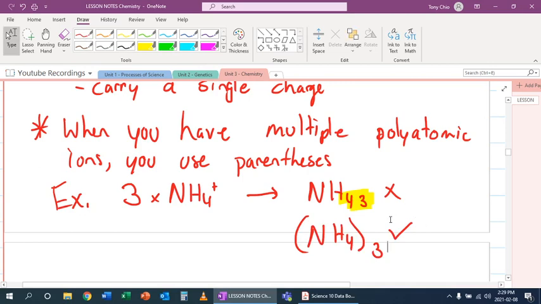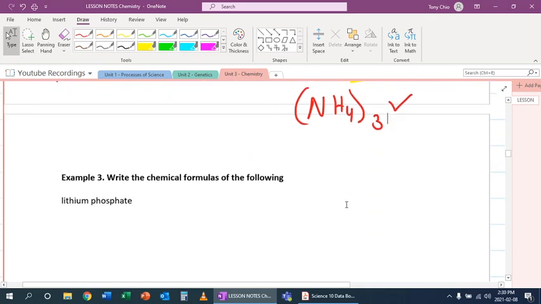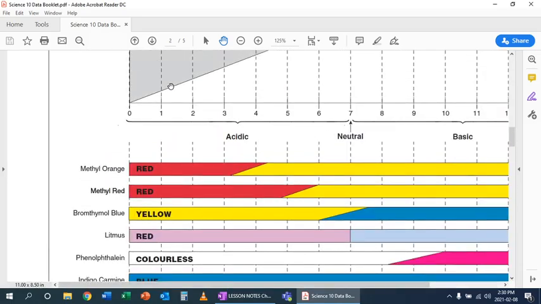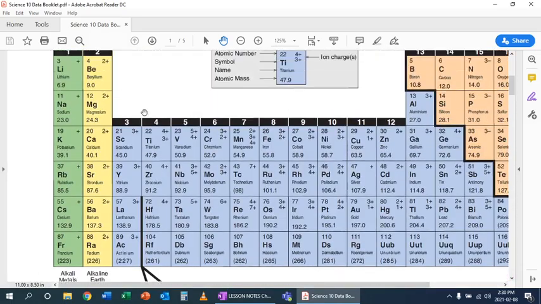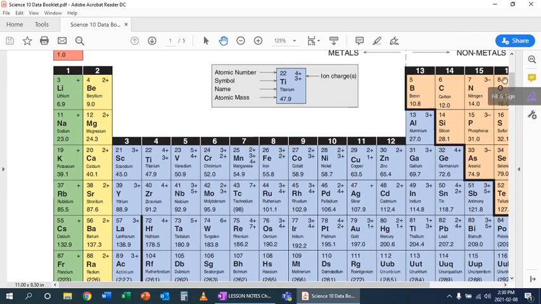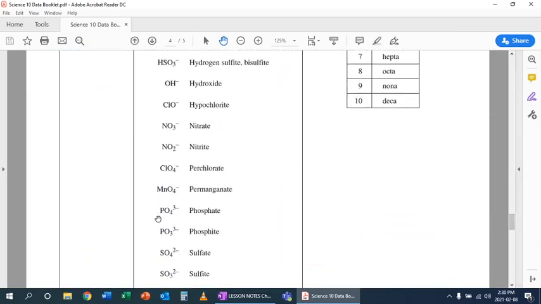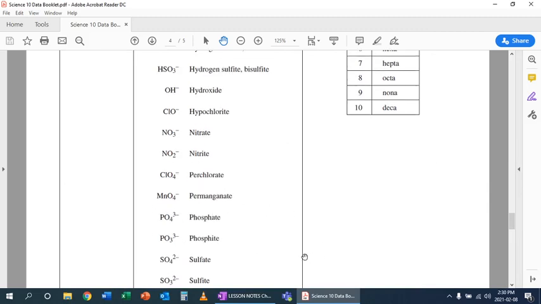So let's look at an example of something that we deal with that looks like this. So lithium phosphate. Lithium is an element. It's Li. If we scroll up really quickly, it's Li plus 1. But phosphate is PO4, 3 minus.